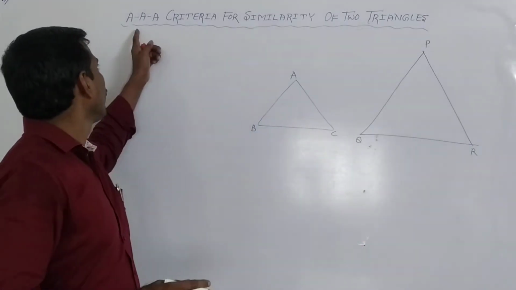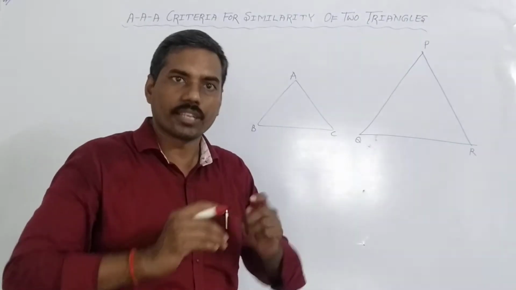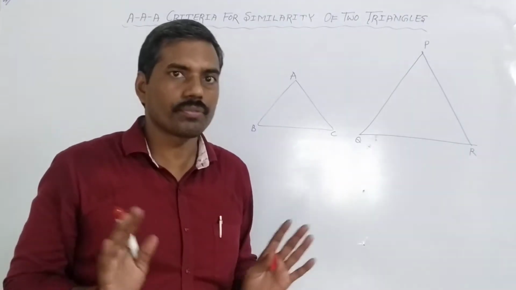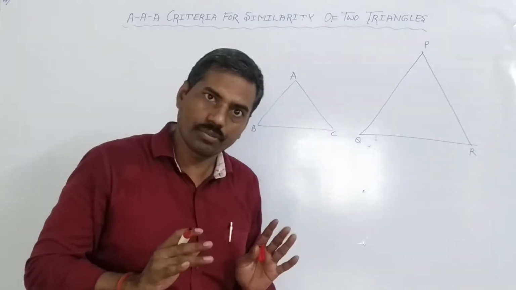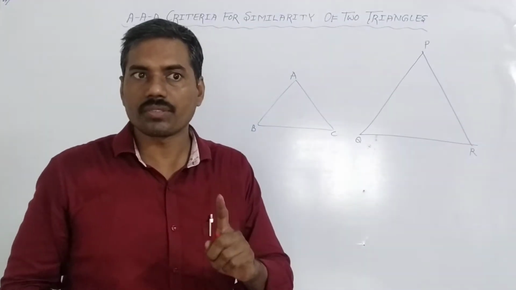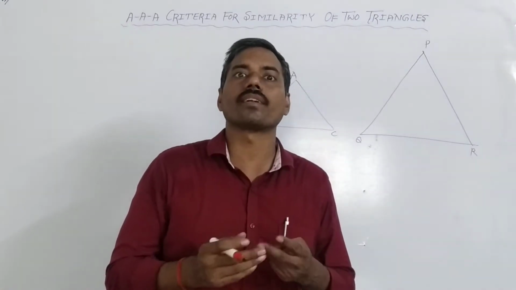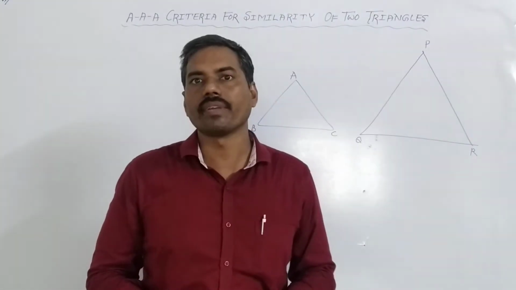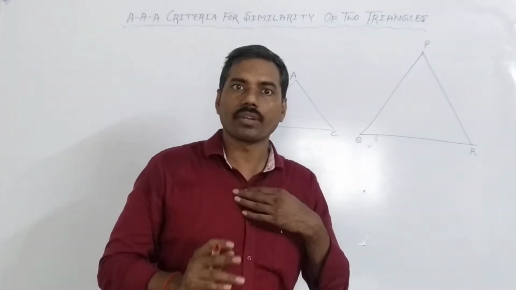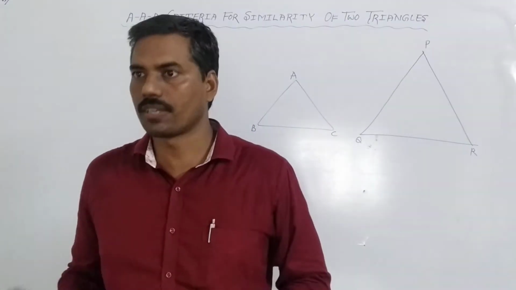Here the AAA criterion is given. We have to prove their corresponding sides are in proportion. That means the first basic condition is given, and we have to prove the second condition. If these two conditions are fulfilled, we can say that the two given triangles are similar to each other.